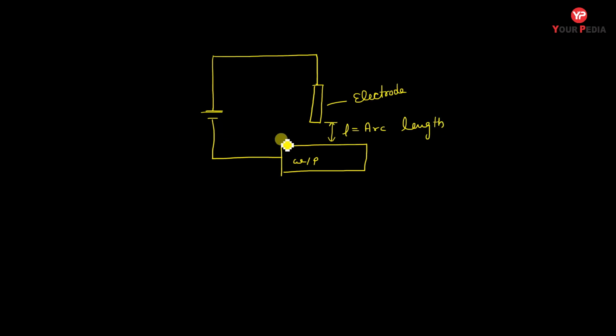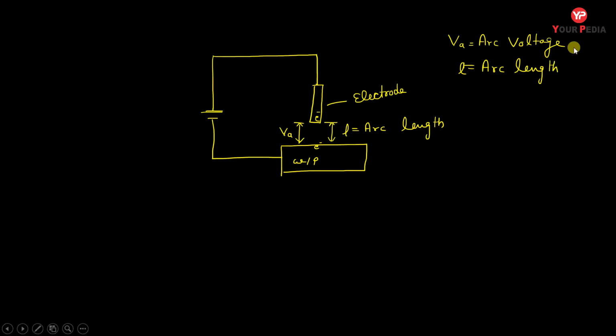If there is some arc length, we require some voltage to transfer electrons from this place to this place. This voltage is VA, where VA is the arc voltage, and L is the arc length. Remember this: arc length and arc voltage.